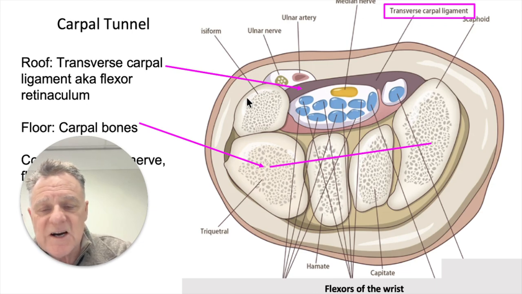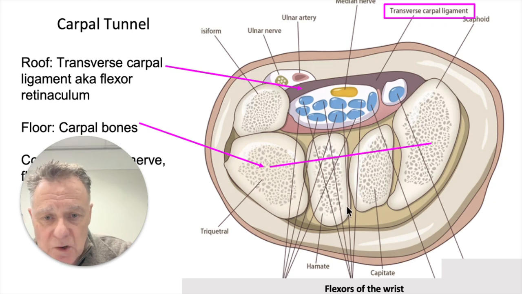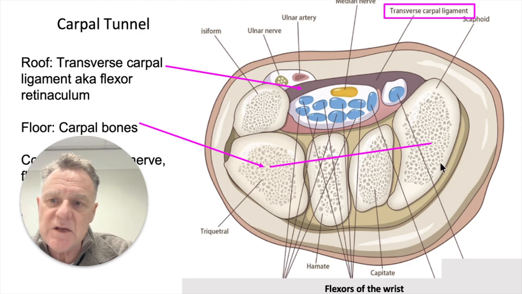So, if you look at the cross section, you can see that the carpals make up what is referred to as the floor of the carpal tunnel.